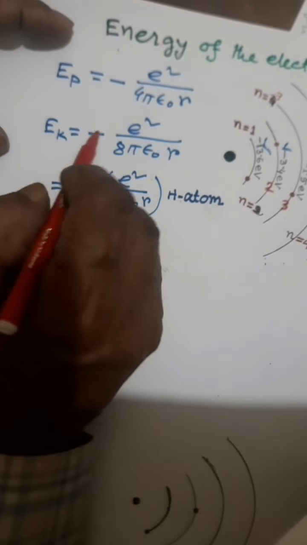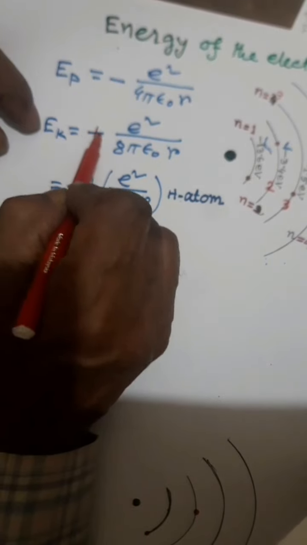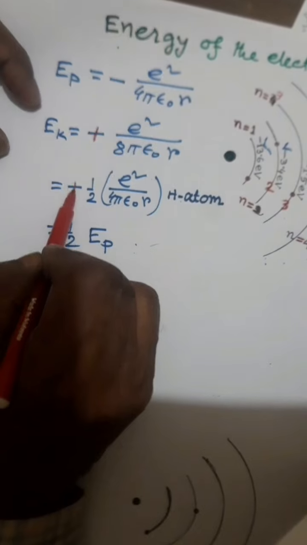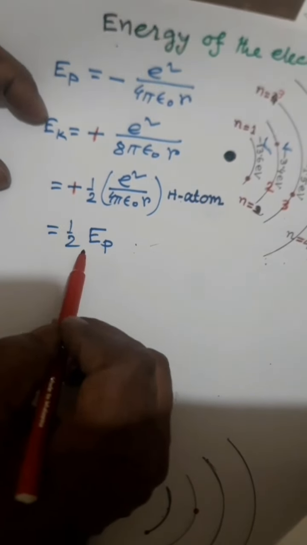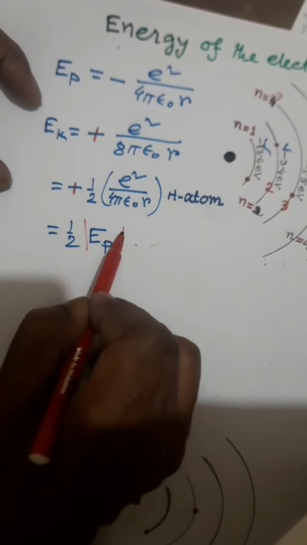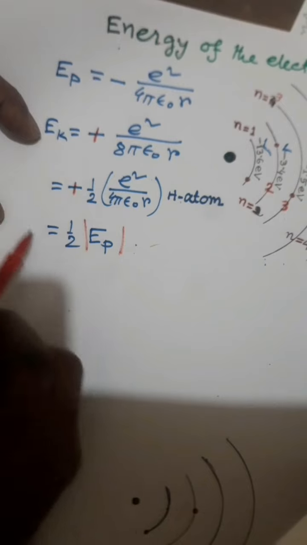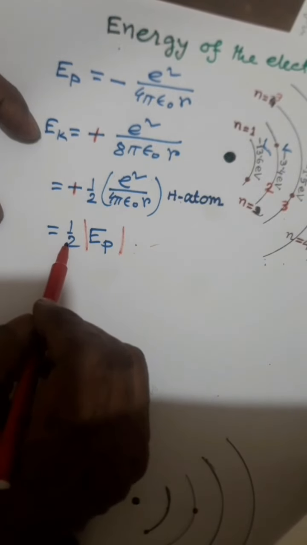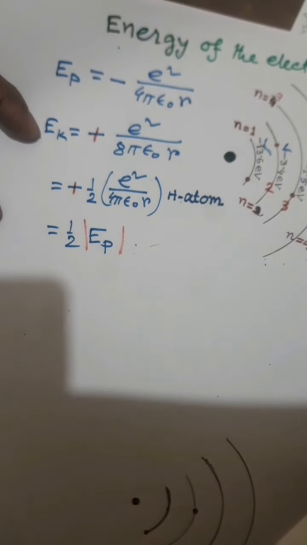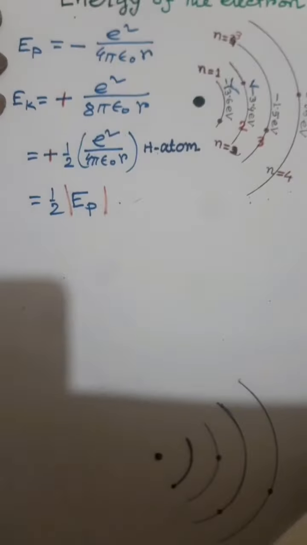Sorry, kinetic energy is positive. It is positive. Kinetic energy is equal to half of the modulus of potential energy. So the total energy is negative.